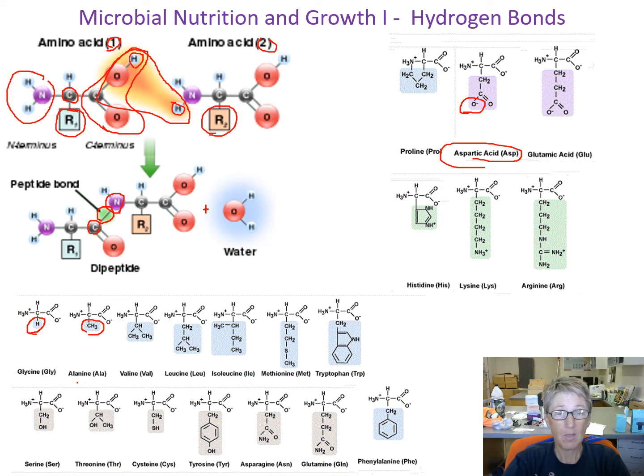The key is this negatively charged oxygen could form a hydrogen bond with a partially positive hydrogen somewhere in the protein. Same with this negatively charged oxygen. So all these cartoons are R groups of the different amino acids.